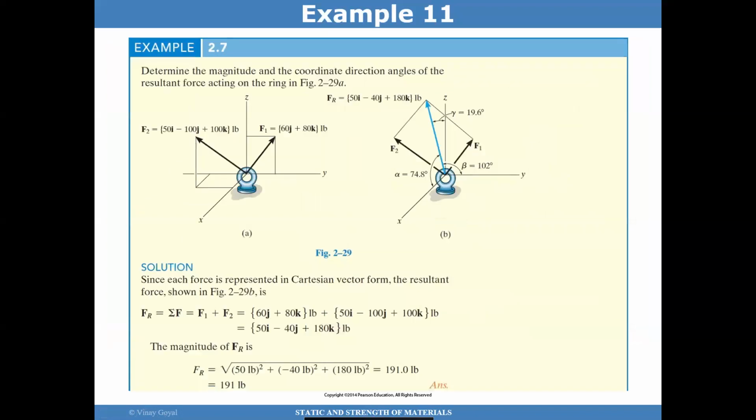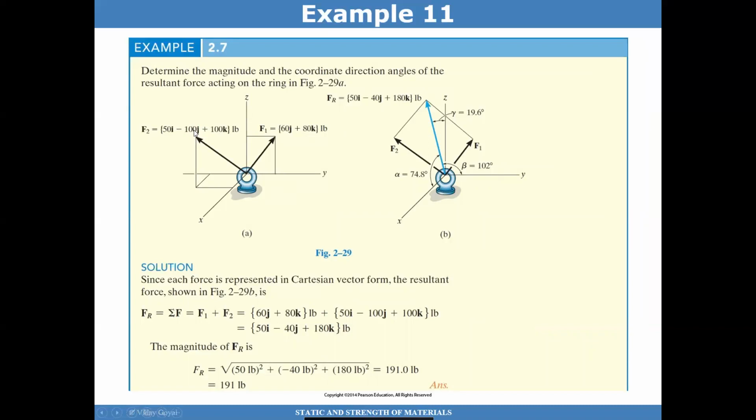We'll go to example 11. They're all very similar. I want to determine the magnitude and coordinate direction angles of the resultant force acting on the ring for the vectors given, F1 and F2. Just add the i components. This one does not have any components of i. This one has it, so that's 50 right there.